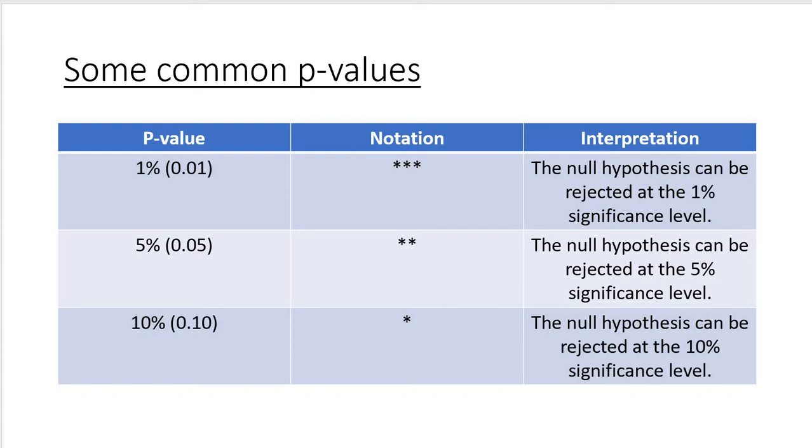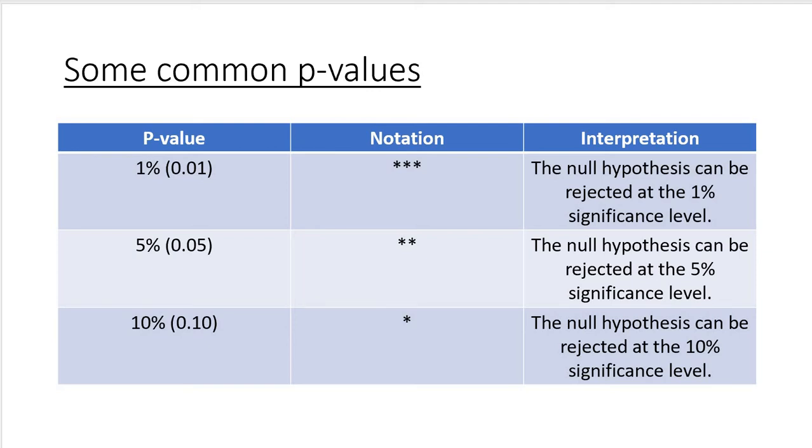So if p-value is lower than 1%, then the null hypothesis can be rejected at the 1% significance level. If it is higher than 1% but lower than 5%, then the null hypothesis can be rejected at the 5% significance level.